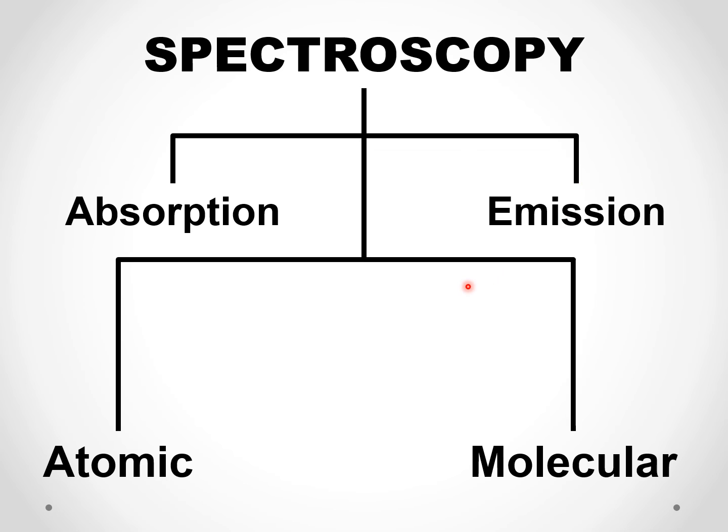What are they? Atomic absorption, atomic emission, molecular absorption, molecular emission. These are the four techniques that we are going to get. We will be discussing molecular absorption spectroscopy only, because our syllabus is restricted to that only.